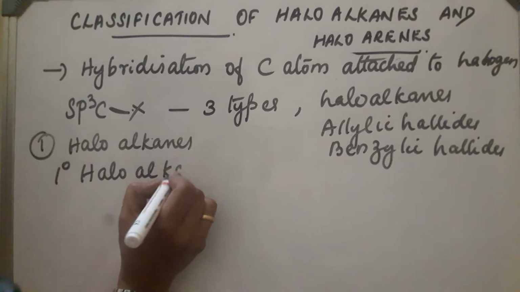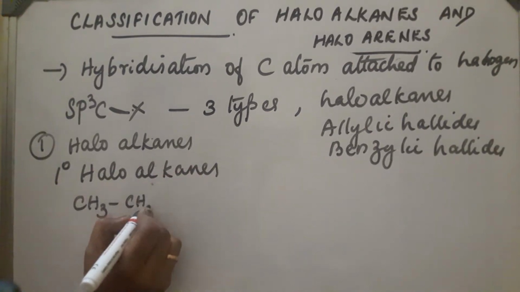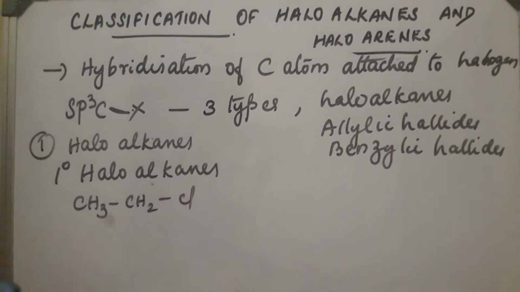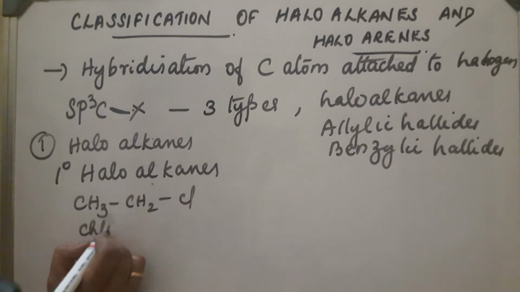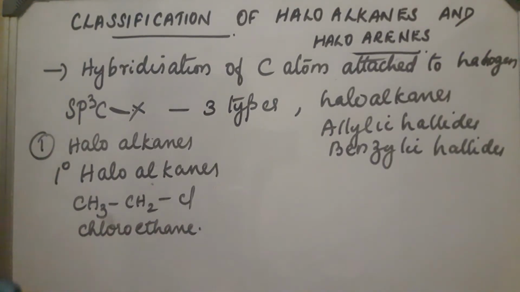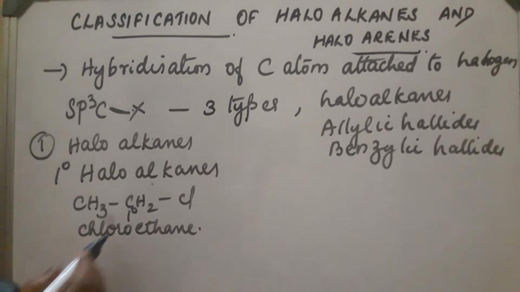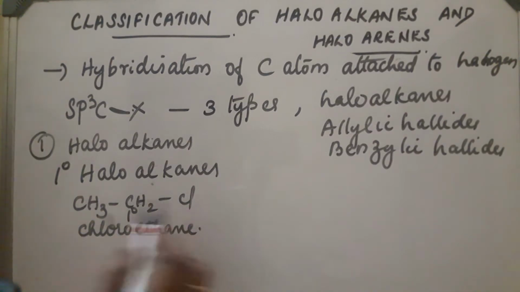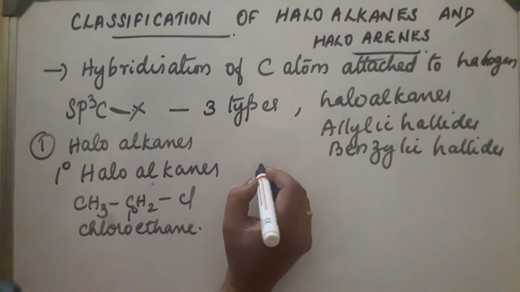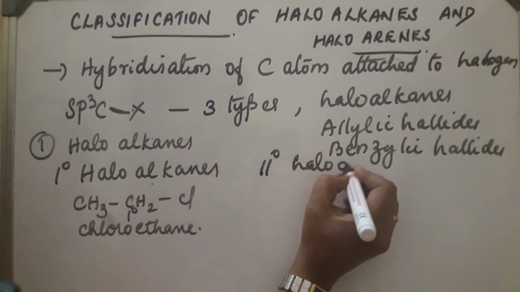Let's take one example, CH3CH2Cl. The compound is chloroethane. Here the carbon atom attached to the halogen atom is primary. This is the first type. The second type is secondary haloalkanes.